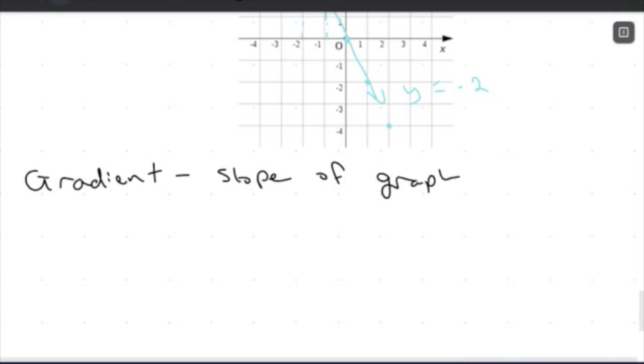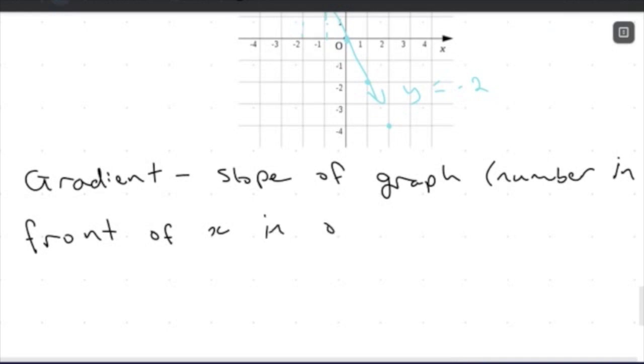And in other words, just where it sits in the equation, it is just the number in front of the x. This is kind of in the simplest terms possible. So this is the number in front of x in our equation.